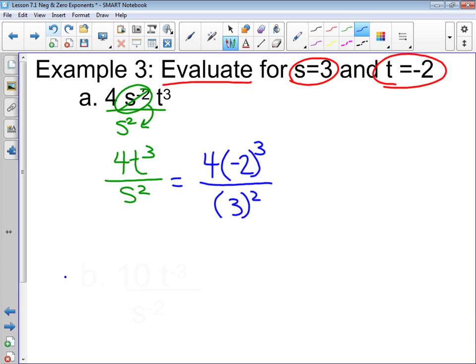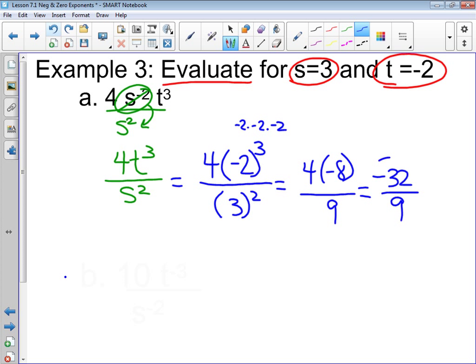Negative 2 to the third power means negative 2 times negative 2 times negative 2, which is negative 8. 4 times negative 8 over 3 squared is 9. So you get negative 32 over 9, and that's where you can stop. That's simplified.